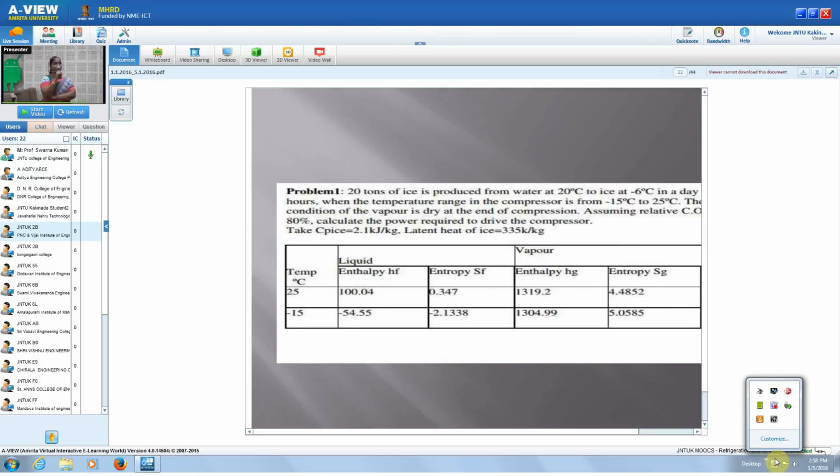The compressor is from minus 50 degrees centigrade to 25 degrees centigrade.